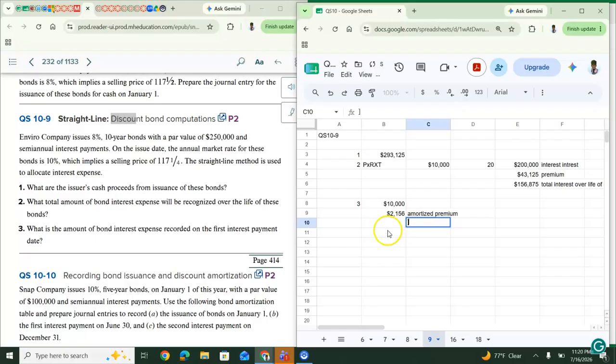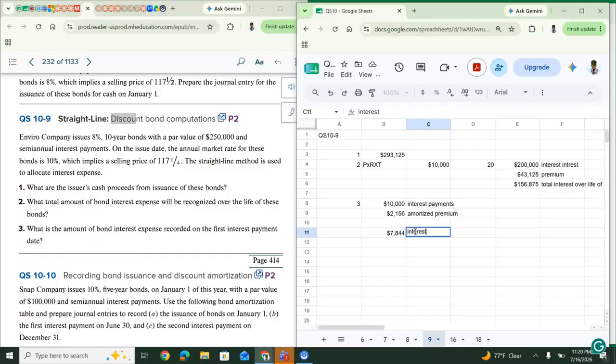So with the first payment, we're talking about 10,000 minus the 2,550, and that'll be the interest payment, and then the 7,844 is the interest expense.